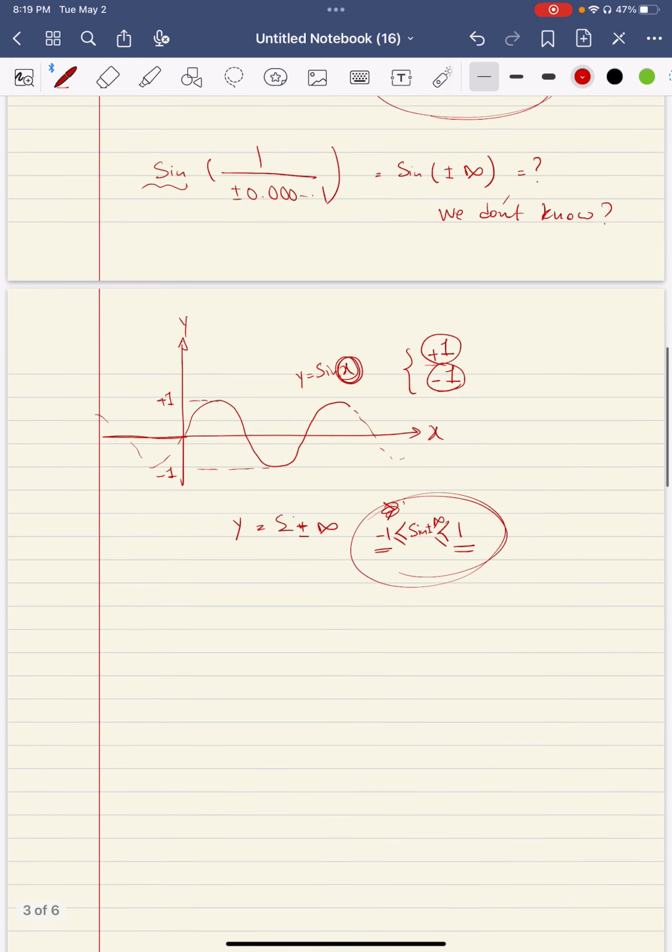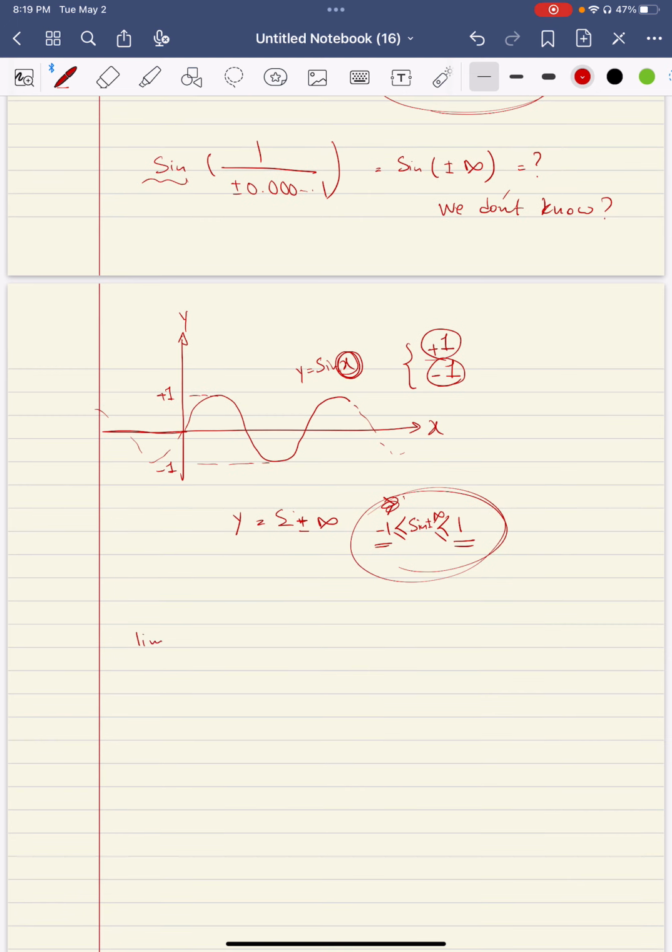So let's see what we have. We had limit of x times sine 1 over x, x adjacent to 0. So this guy in here would be in between negative 1 and positive 1. This guy in here is a value very close to 0, right?